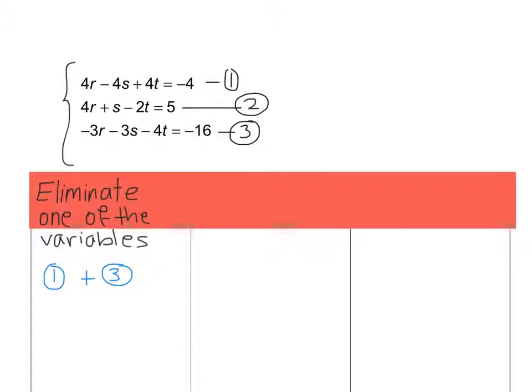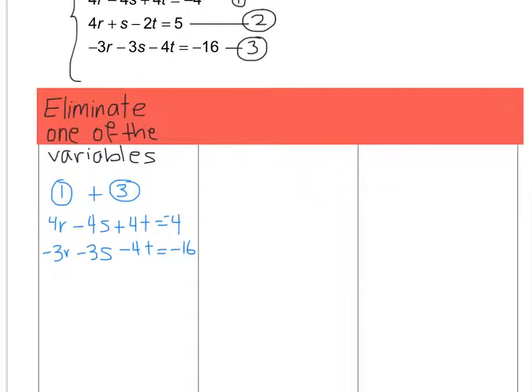So let's go ahead and add them. Let me write them down so it would be easier for me to add. That's equation 1. And let's write equation 3 as well. Okay.